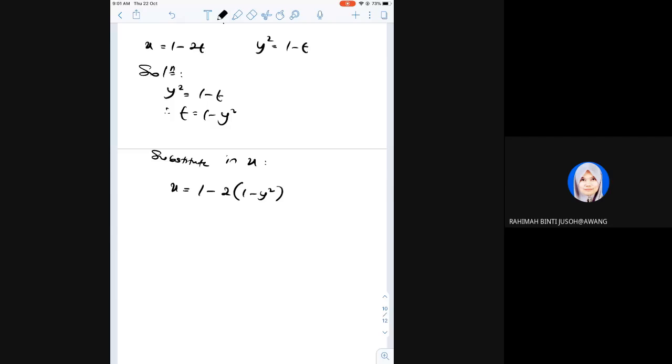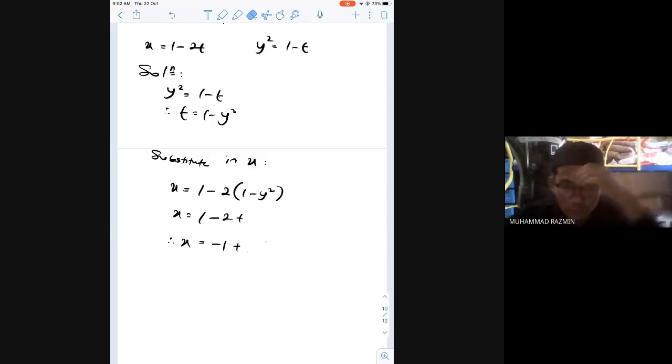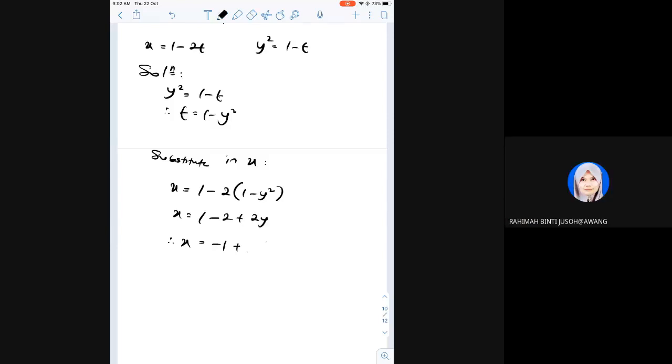So we will have x equals to 1 minus 2 plus 2y squared. So we will have x equals to negative 1 plus 2y squared. Okay.